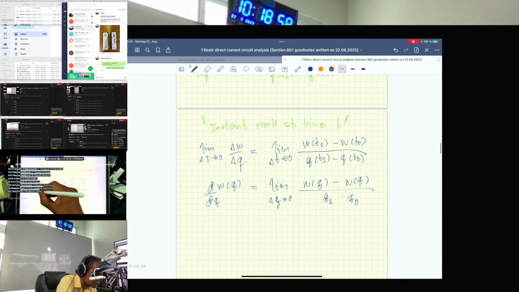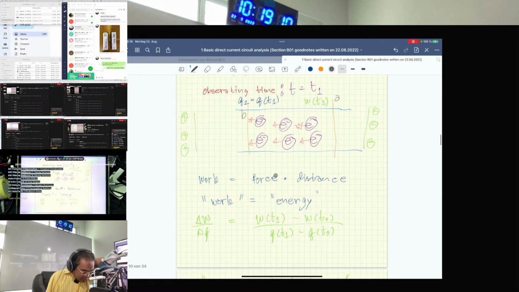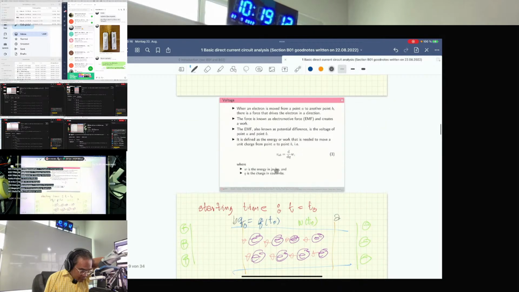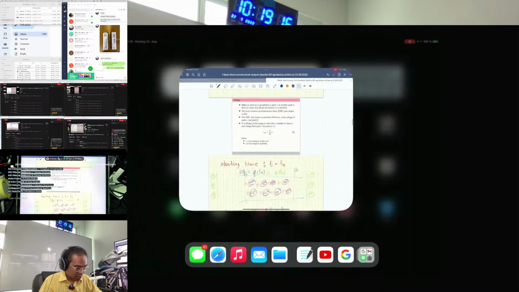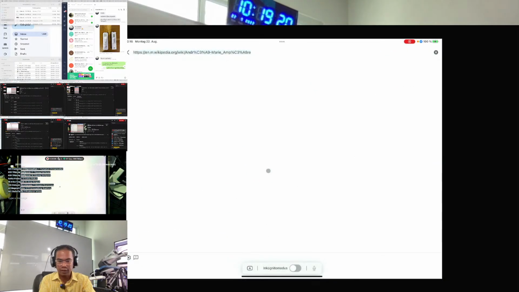Okay, and this one is called VAB, which is the rate of change of the work with respect to charge, or work or energy per charge. Okay, and the person who observed this ratio is called this guy.